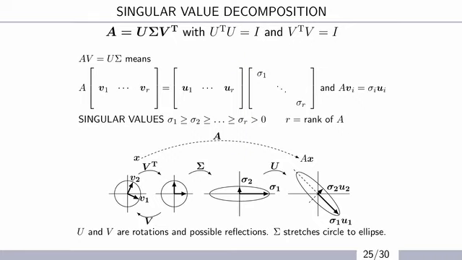So hiding over here is the key. A times the V's gives sigma times the U's. So that's the replacement for Ax equals lambda x, which had x on both sides. And now we've got two, but the beauty is, now we've got two of those to work with.